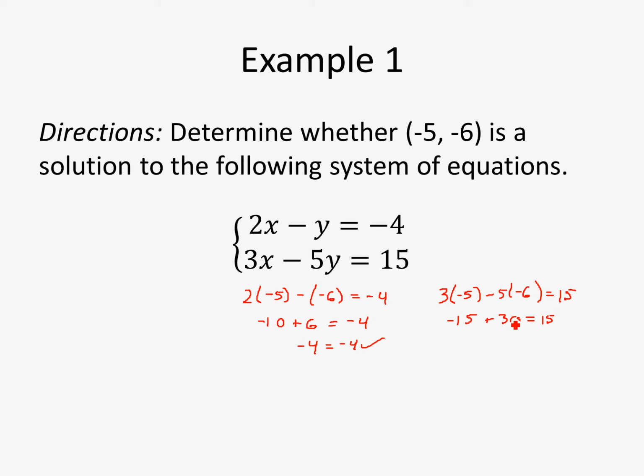Is that true? If we add these, we get 15, and 15 does equal 15. So that's a true statement. So then that means that this ordered pair is indeed a solution to this system of equations.